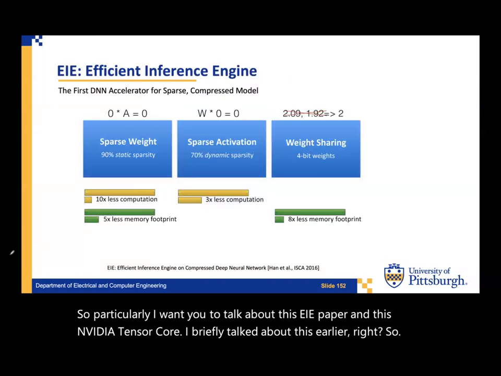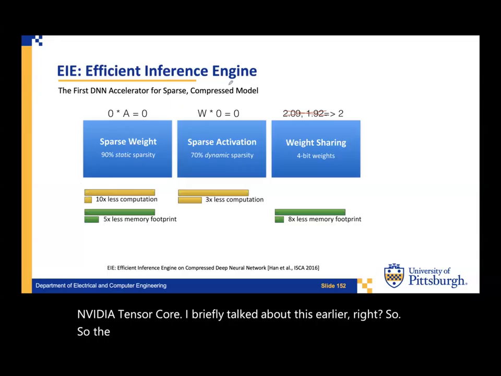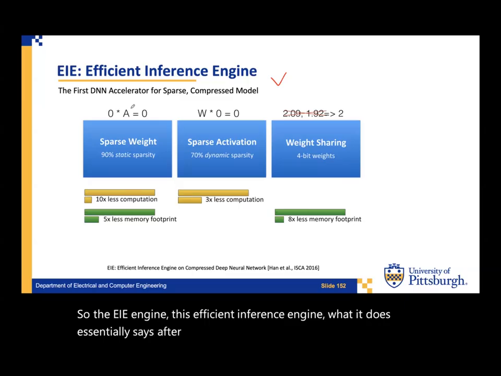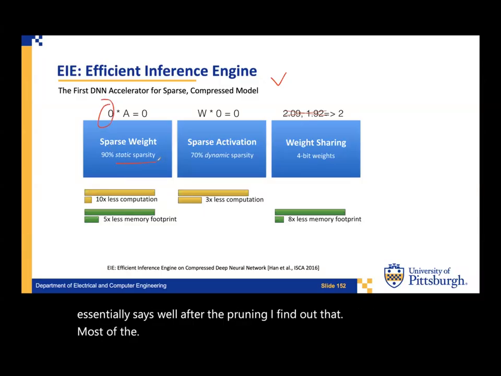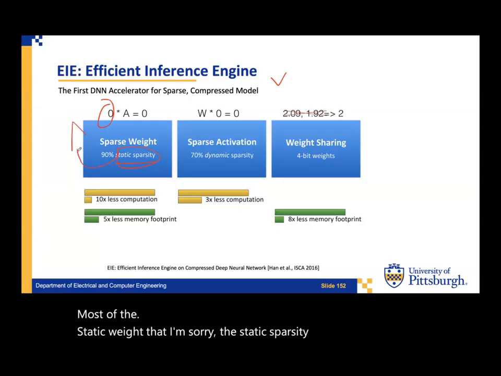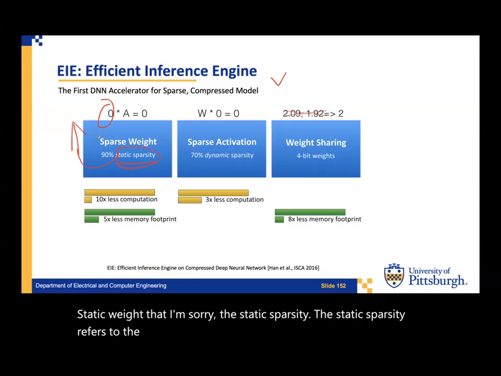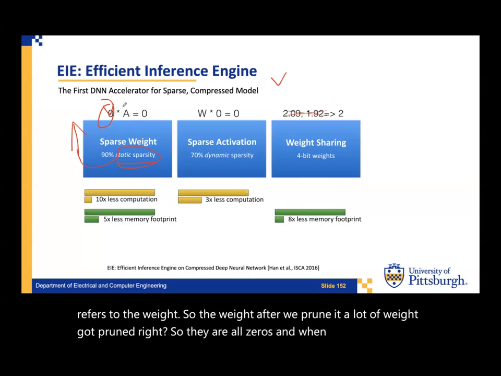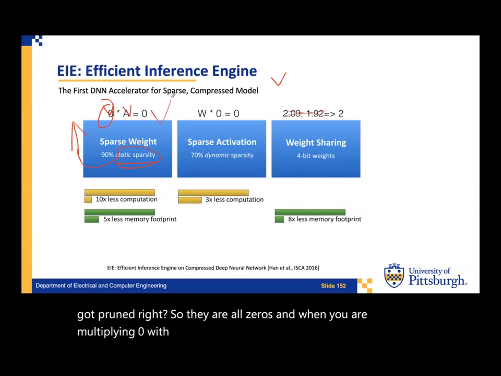The EIE engine, the efficient inference engine, essentially says: after pruning, we find that most of the weights, I'm sorry, the static sparsity, refers to the weights. After we prune, a lot of weights are all zeros. When you multiply zero with the activation value, it's going to be zero.